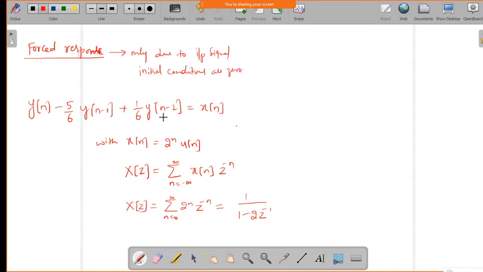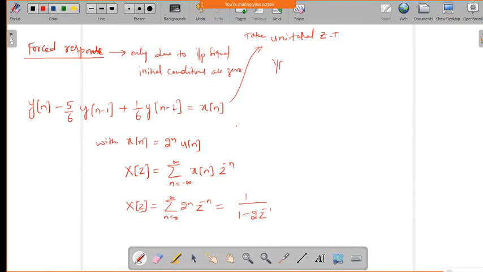Now take the unilateral Z transform of this difference equation. What do you get?